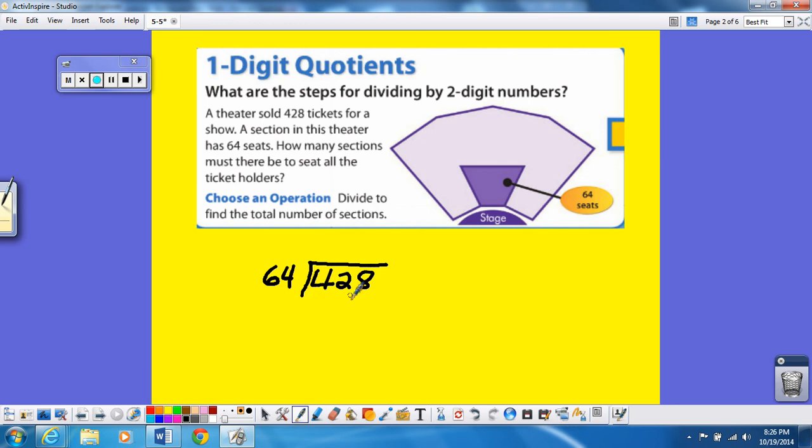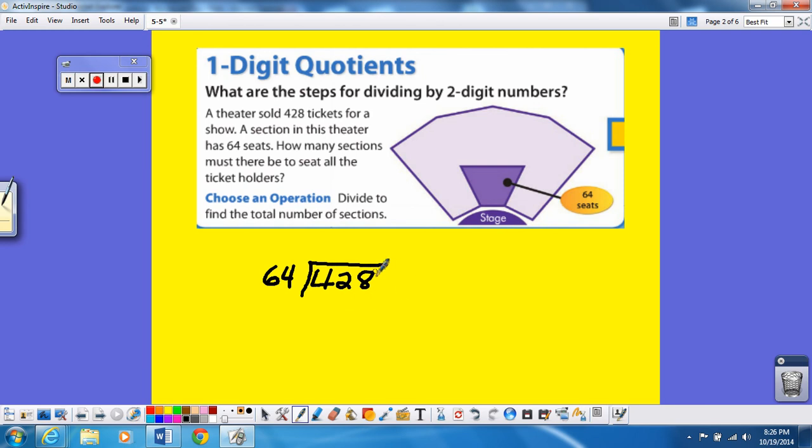So we're going to look at the 42. Does 64 go into 42? And it doesn't. So here's another one of those problems that becomes a little tough if we don't know our facts, because we have got to see how many times 64 goes into 428. And this is where estimating is going to really come in handy.